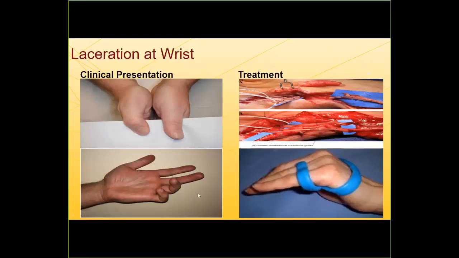Okay, so tell me, this is an ulnar nerve injury. This is what a person might look like with a laceration at the wrist, or really bad compression at the wrist. Which of these two fingers on the top here, for those of you that are still with us, is likely affected by an ulnar nerve injury at the level of the wrist?